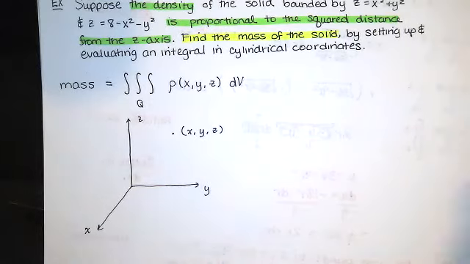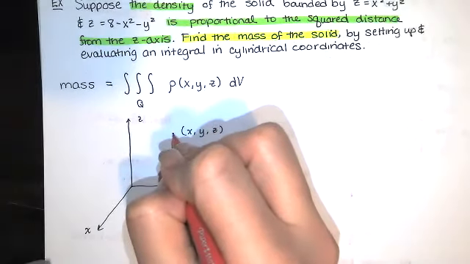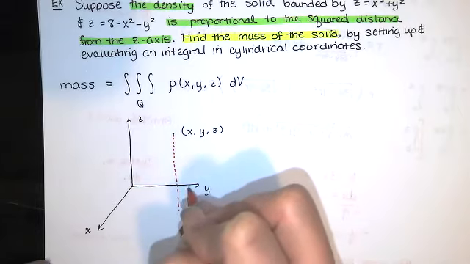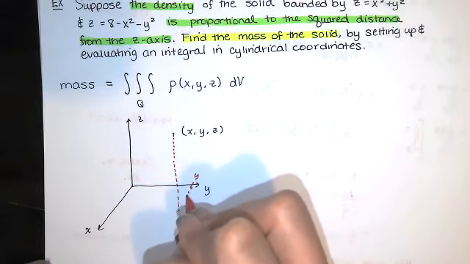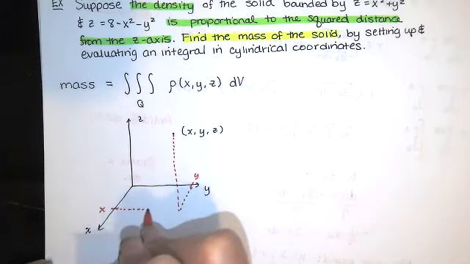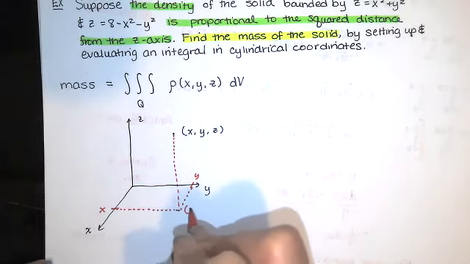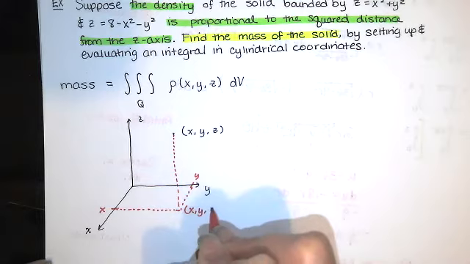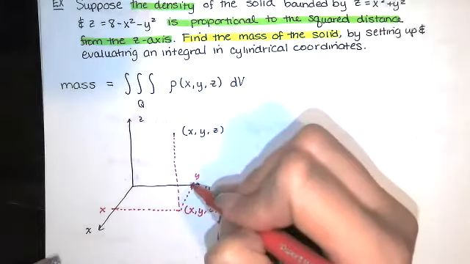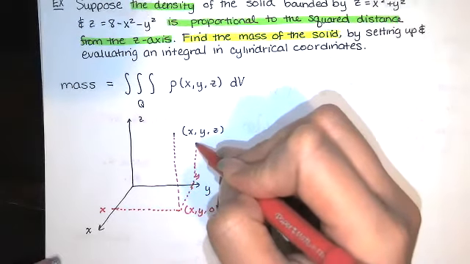It's hard to tell where that x, y, z is located. Maybe it's above a point x, y, 0 in the xy-plane, and then we go up z units to get to that point.